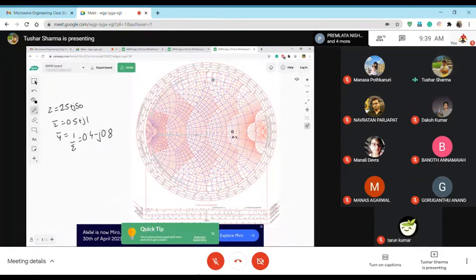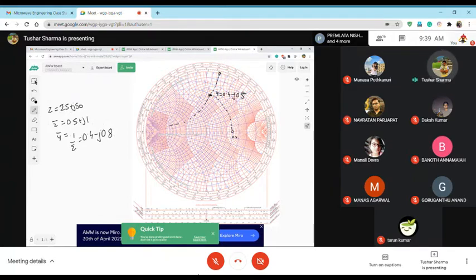This is 1 and it decreases this side: 0.9, 0.8, this is 0.8. I will first make this, and then move on this circle. So this will be my Y equal to 0.4 minus j0.8.